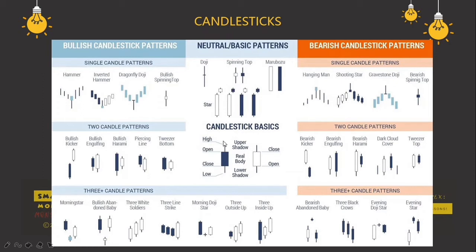So those that are buying, the buyers, are called the bulls. They are driving price up. If you are buying, you are driving price up. You are a bull. You are bullish, right? If you are selling, you are driving price down. You are a bear. You are selling. You are bearish, right?